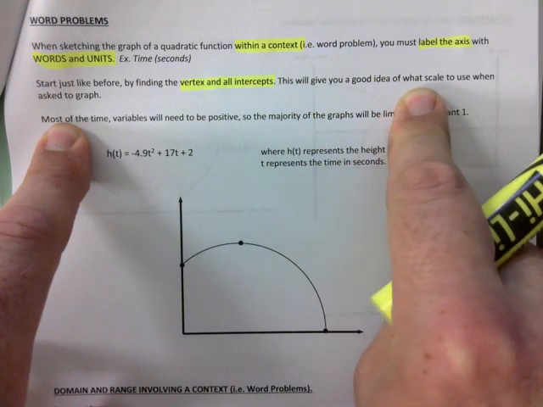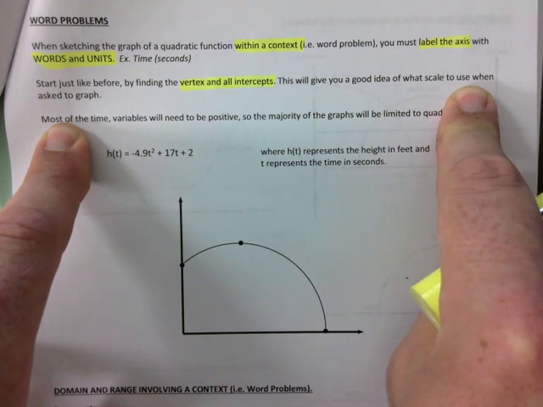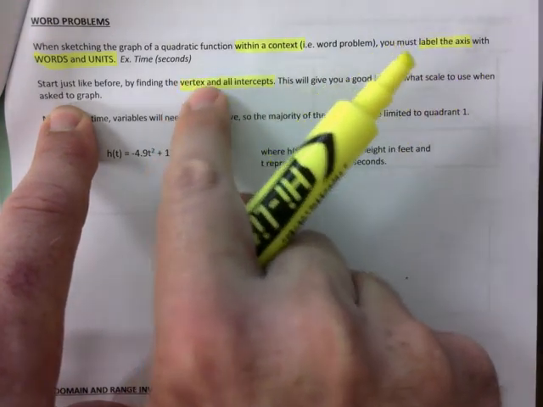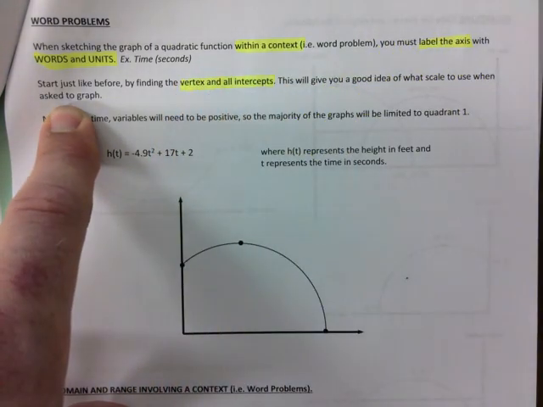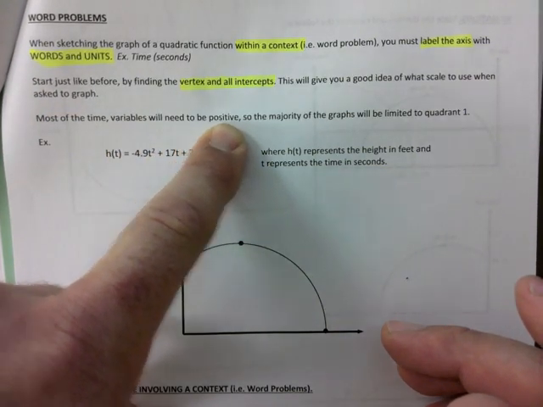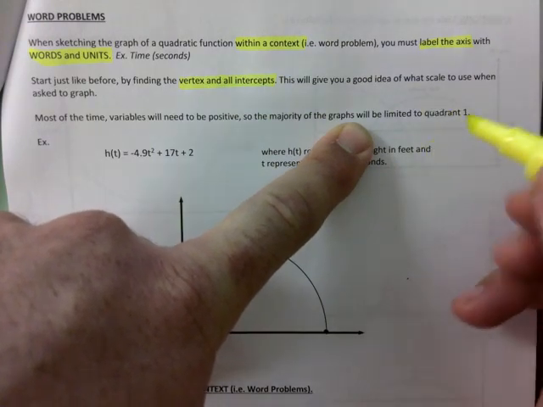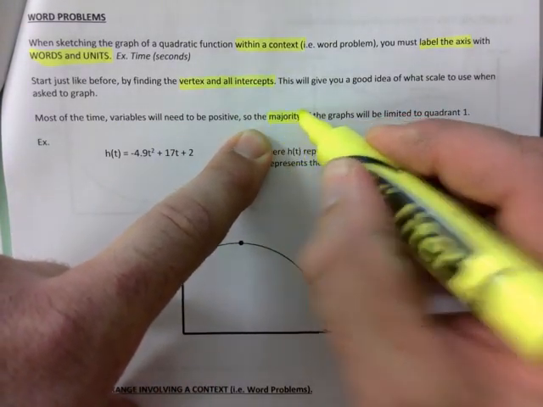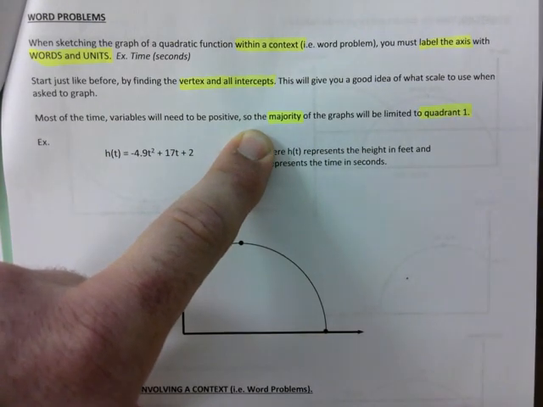This will give you a good idea of the scale to use when asked to graph. That's why I'm asking you to find the vertex and the intercepts, because that tells you a good box to have around your graph. Most of the time, variables need to be positive, so the majority of the graphs will be limited to quadrant 1. The majority, not all.